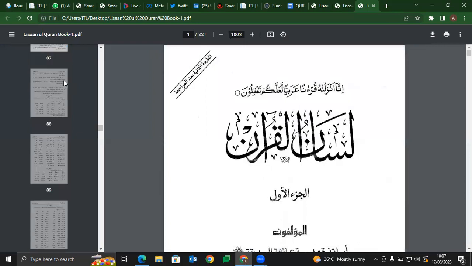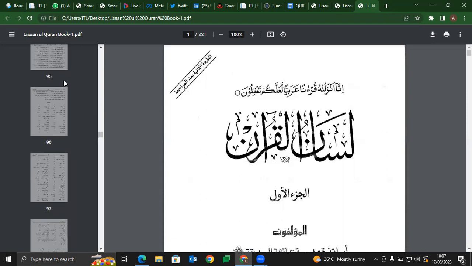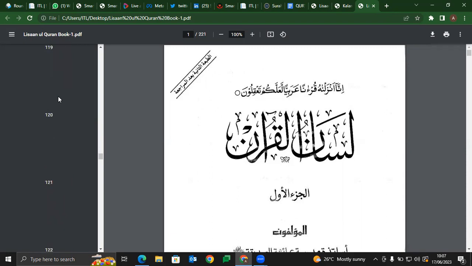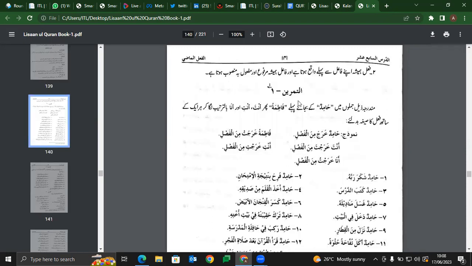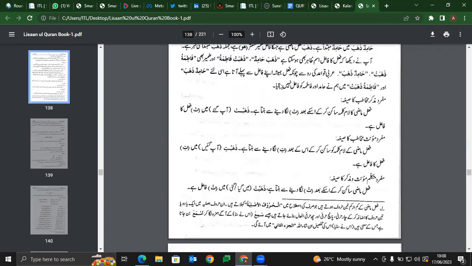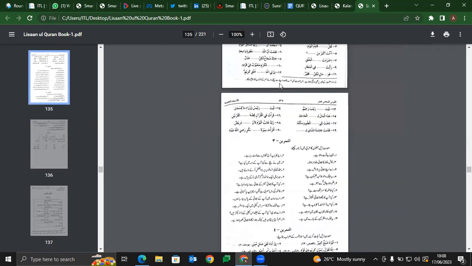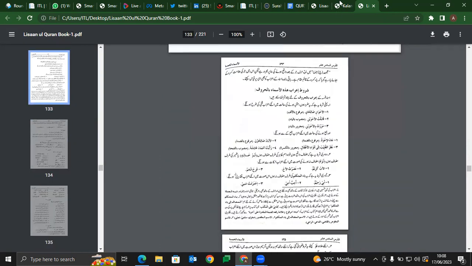Which page is it? In the English book, it is page number 139. This one, right? This is 141, sorry. This is the Urdu book, right? I'm talking about the English book. I thought it's 139. This one, right?